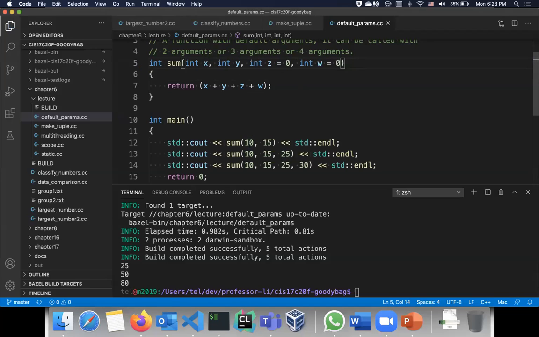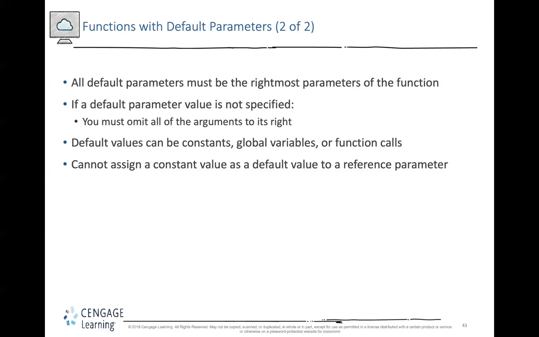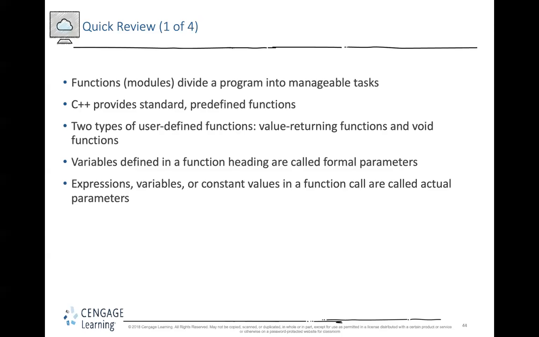Because the way you invoke it is like this, that's just one of the rules. You can only omit the parameters on the right, but not on the left. So that's a rule. All right, so that is that.